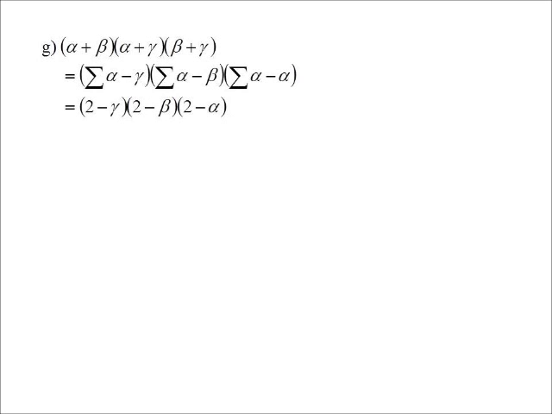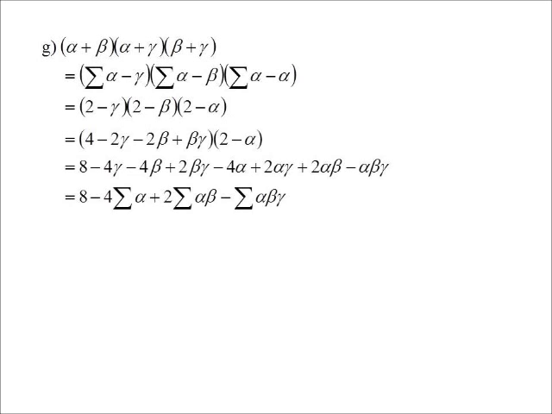Now I'm still going to have to expand the whole thing out. But instead of having a whole heap of pronumerals, I'm going to reduce the number of places I actually have to substitute into because I'm now just using a number 2. So when I do expand the whole thing out and then group the things together, you'll notice I get 8 minus 4 times the sum of the roots 1 at a time, 2 times the sum of the roots 2 at a time, and then minus the sum of the roots 3 at a time.